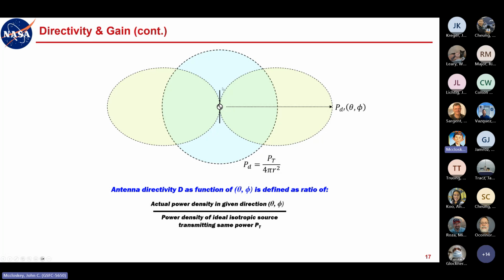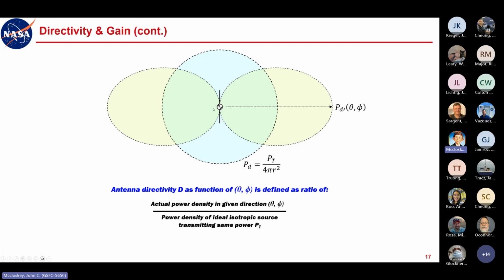So around our dipole here, it's basically going to be symmetric about phi. But strictly speaking, directivity is a function of direction, theta and phi, and it's defined as the ratio of the actual power density in a given direction divided by the power density of an ideal isotropic source transmitting the same power, P_T.